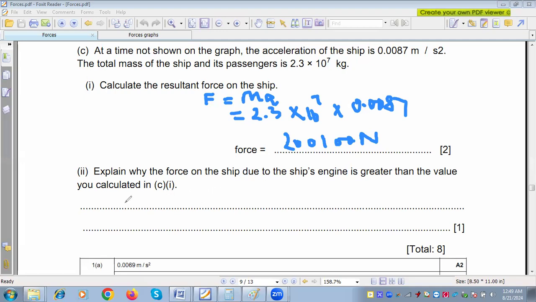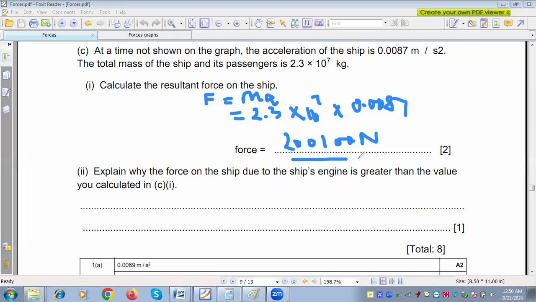So to keep the acceleration constant, the engine has to provide a greater forward force, so that the resultant force remains the same to maintain the acceleration, due to the resistive forces which act in the opposite direction.